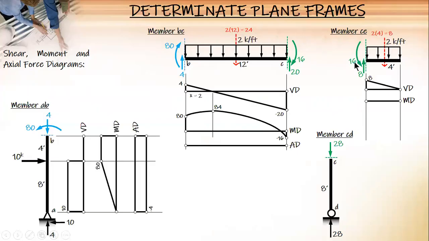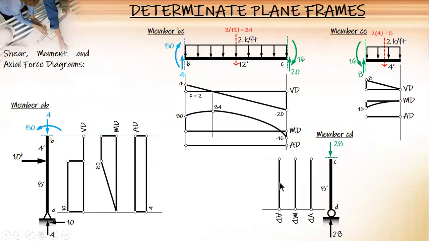And then uniform load, so straight line lang. Tapos moment, negative na siya daan. And then area, concave, kwanta. Concave downward, going up. And then, as is ang atong axial. Member CD, wala tayo shear, wala siya tayo moment.